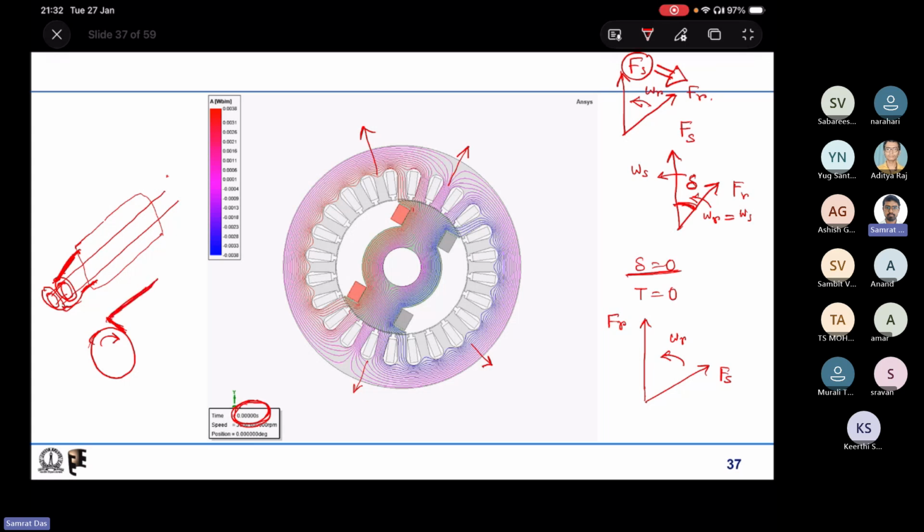This is for ring 1, and a similar thing can be there for ring 2 also. Some mechanism that is always touching the ring, and from there the two terminals can be taken out. This is known as a slip ring. That is how we can make an electrical connection to any rotating body.